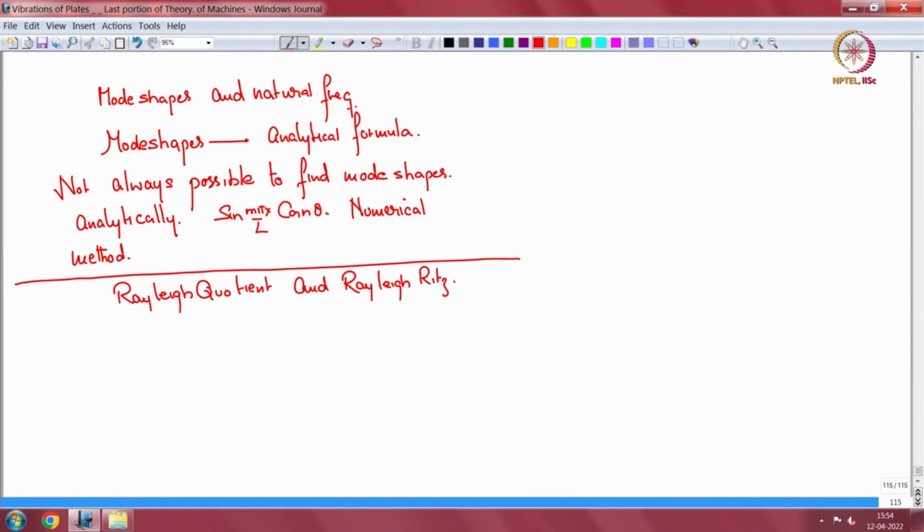The Rayleigh quotient and the Rayleigh-Ritz method depend on the idea that when there is no damping, the system is conservative, and it is in free vibration, then its maximum potential energy is equal to the maximum kinetic energy.